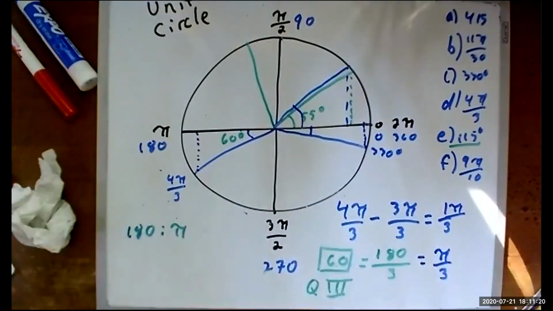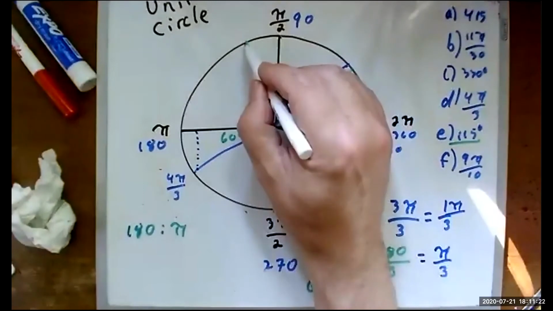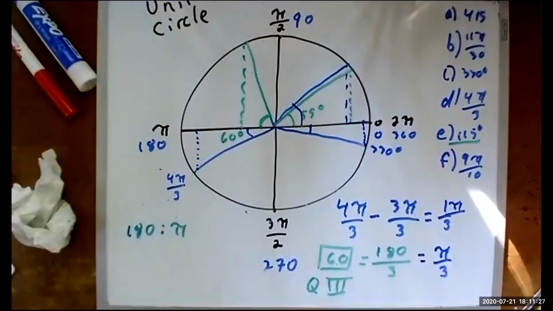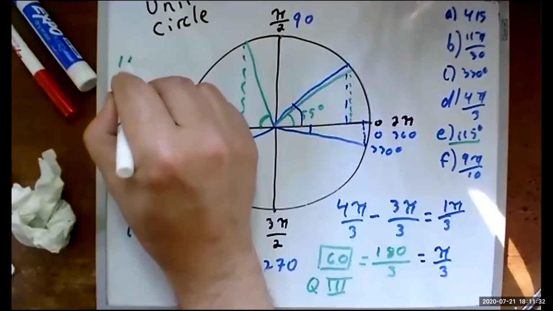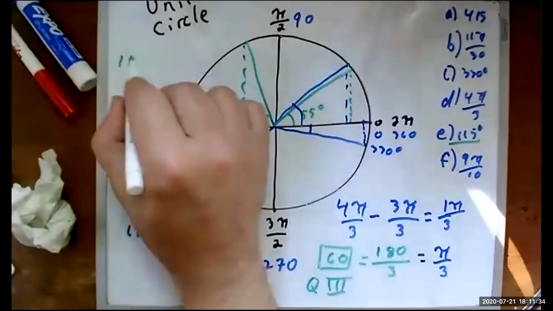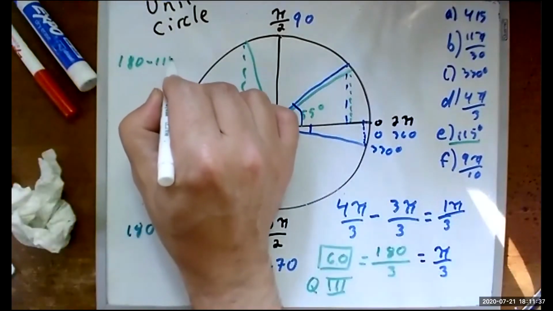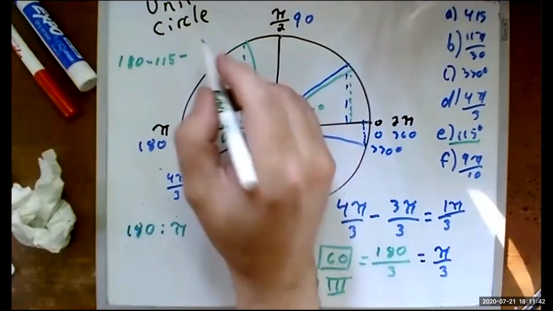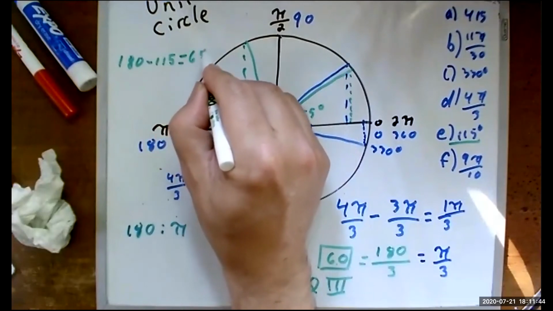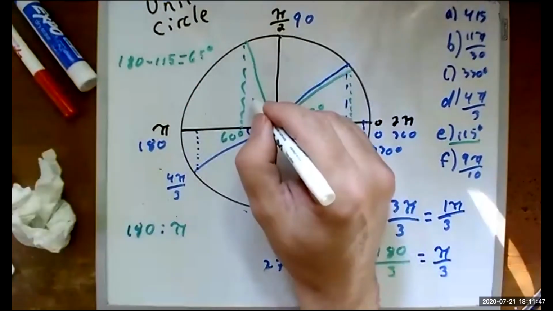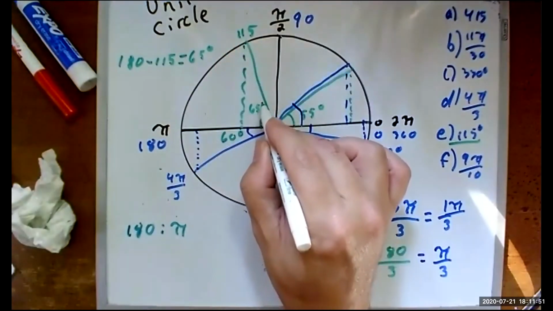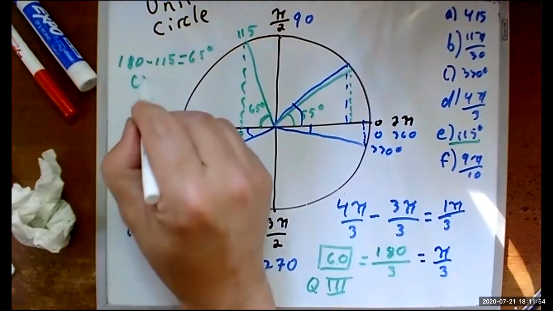So here we are at 115 degrees. 115 degrees is bigger than 90 but less than 180, so it's somewhere in here. Our closest x-axis is in here, so we actually want that part. So I'm going to take 180 degrees and subtract my 115 degrees, and I end up with 65 degrees.